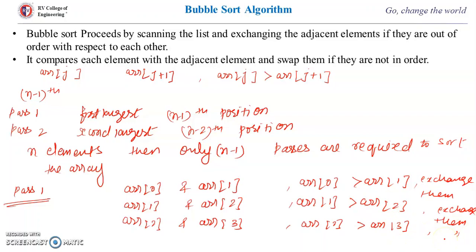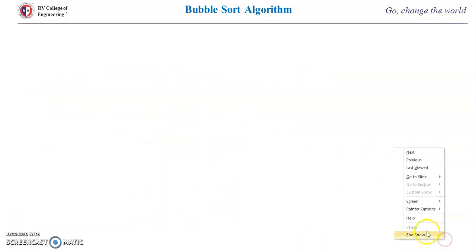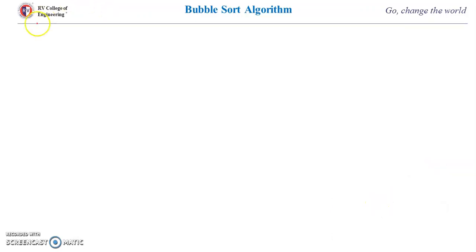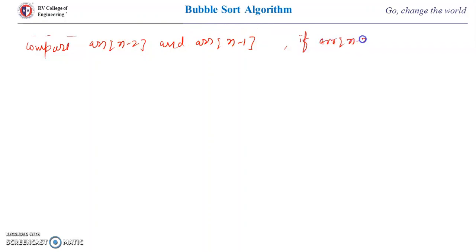Here we compare array[n-2] and array[n-1], and if array[n-2] is greater than array[n-1], then we need to exchange them.